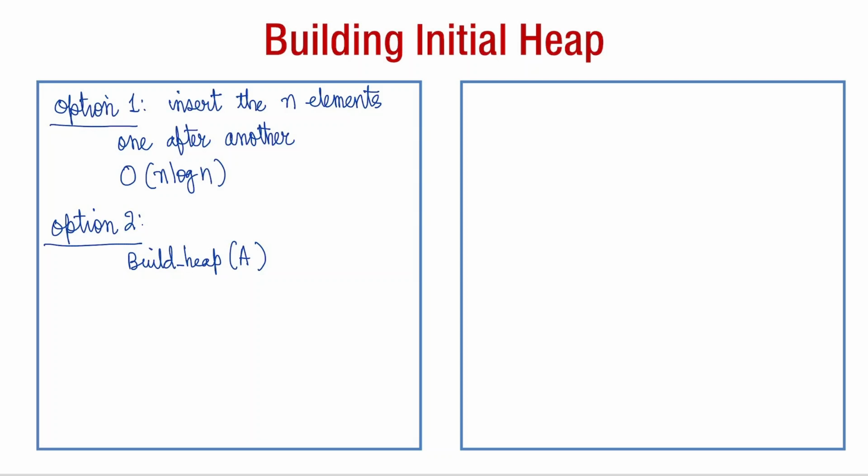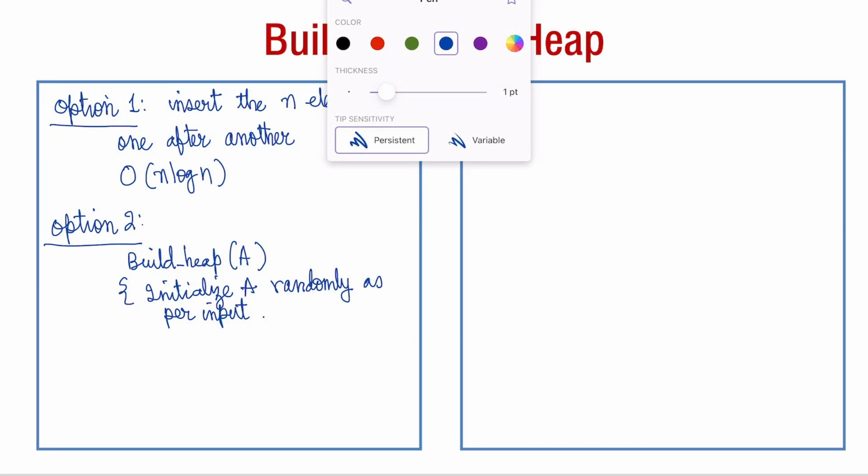In option 2, what it does is initialize A as per input, whatever is given.